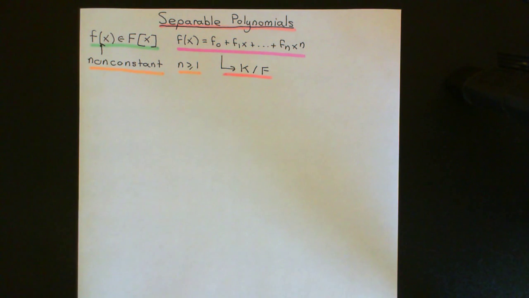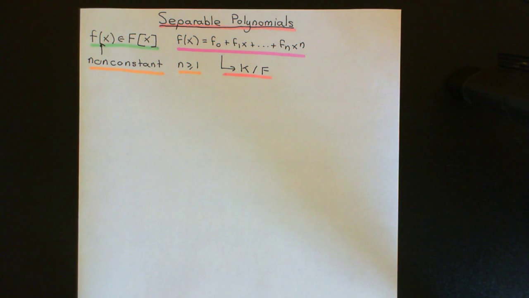Remember, the splitting field is the smallest field extension of F over which the polynomial splits completely into linear factors. If you find a field extension of F over which the polynomial does split into linear factors, what you need to do to construct the splitting field is take all subfields of that field extension which are field extensions of F and which contain all of the roots of the polynomial, and intersect all of those together.